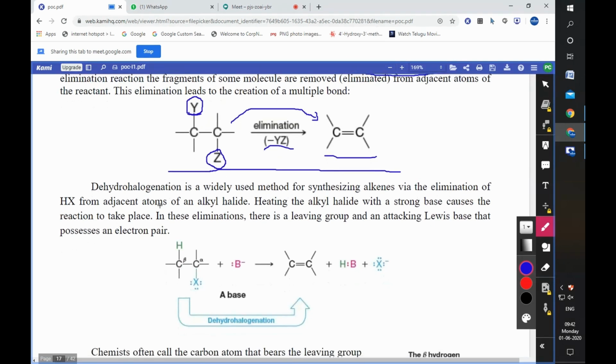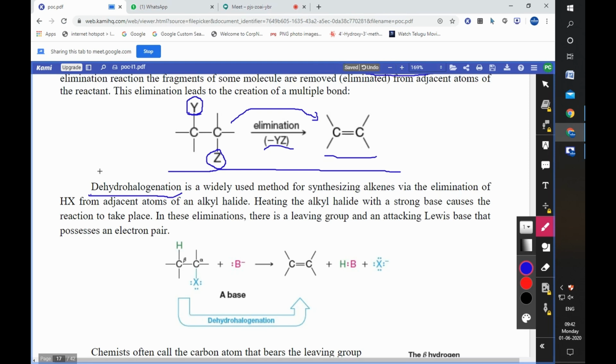Dehydrohalogenation is a widely used method for synthesis of alkenes. Here, in elimination reaction, we are discussing dehydrohalogenation. The best example for elimination reaction is dehydrohalogenation. You know what is meant by dehydrohalogenation.